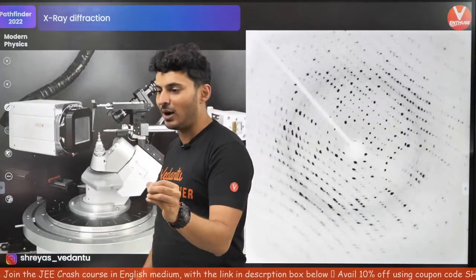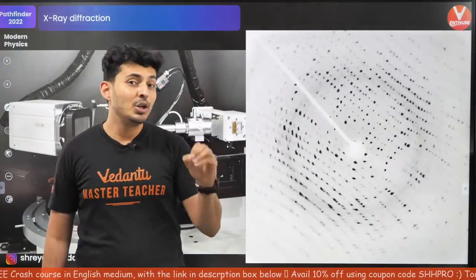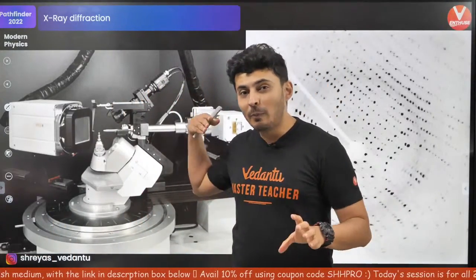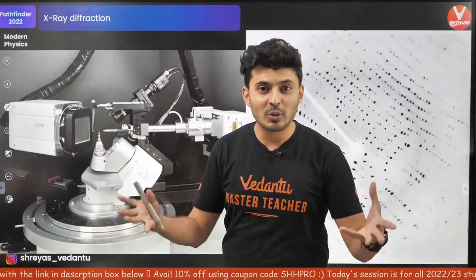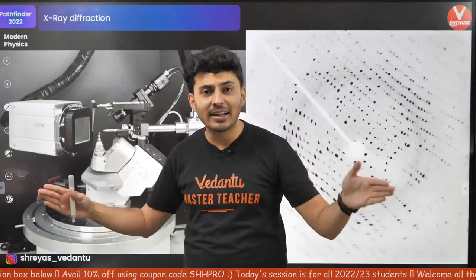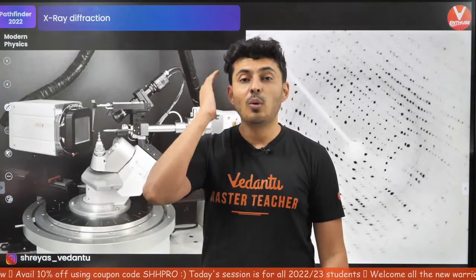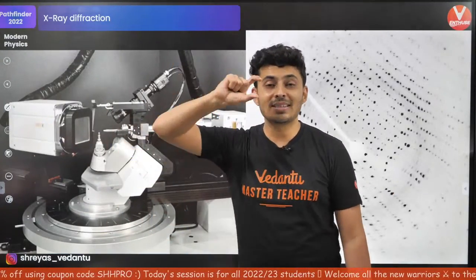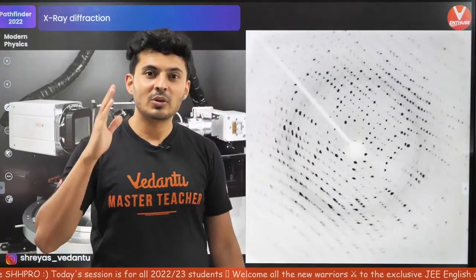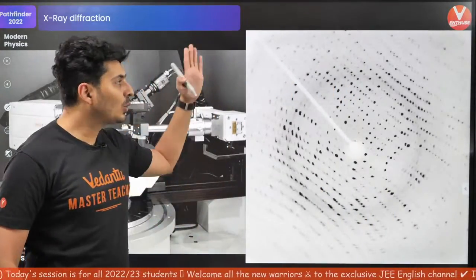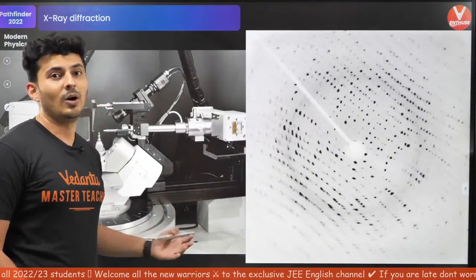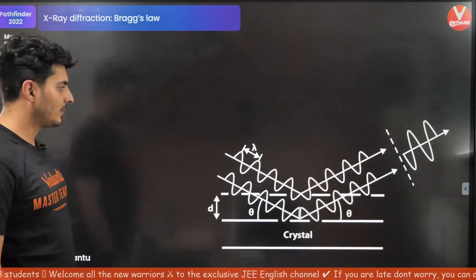And that's the reason why X-rays are used to pass through atoms or through solids so that they spread, and looking at their interference pattern, you can guess what is the structure, what is the spacing between these atoms. So hence X-rays are used to figure out and study the structure of solids or crystals.